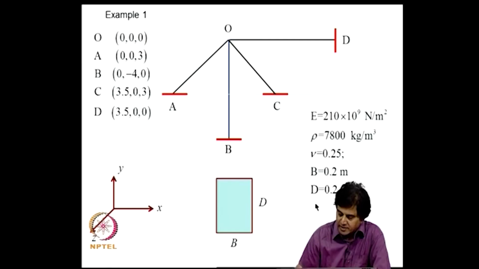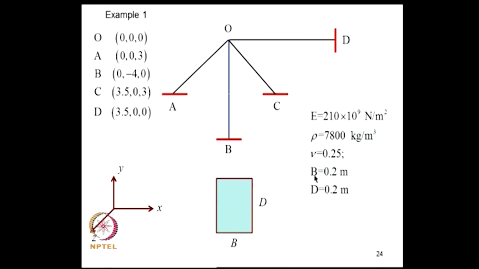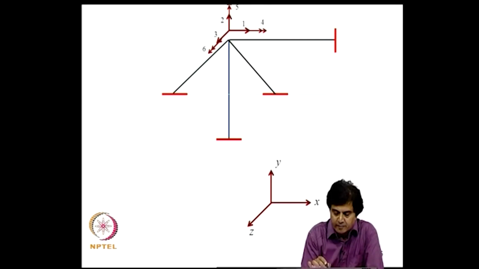Now, these are the properties. I assume that the section has a rectangular cross section, although I have illustrated this for a square, the formulation that we have is valid for the general case. Now, we name the degrees of freedom, and the mesh that we select has one element for every member.